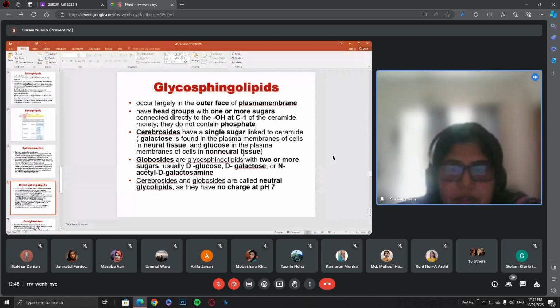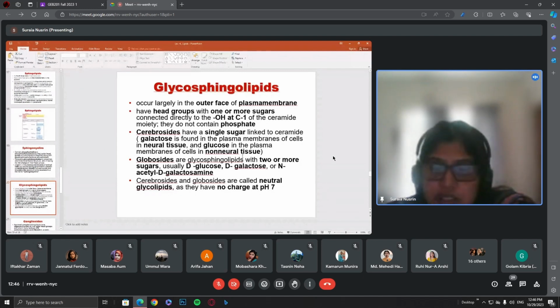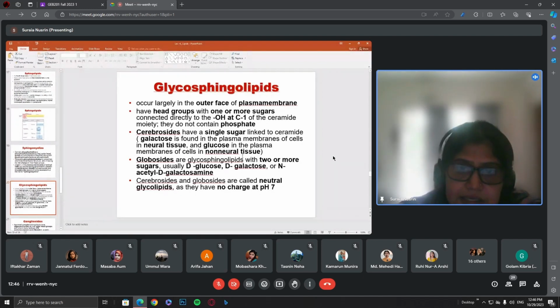Obviously there will be more than one sugar residue present in globosides, and the linkage is a glycosidic bond. These 2 types of glycosphingolipids are called neutral glycolipids because they don't show any charge at neutral pH, which is pH 7.